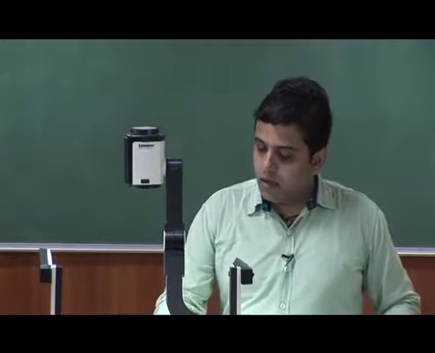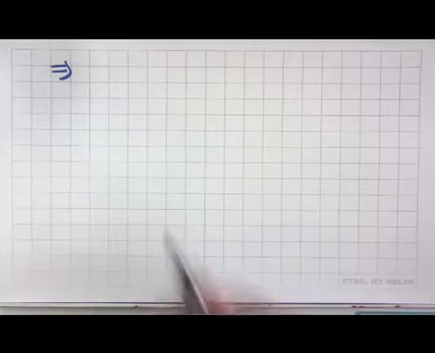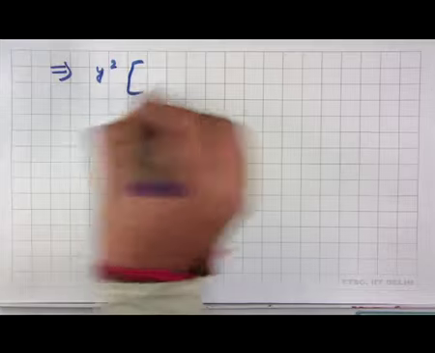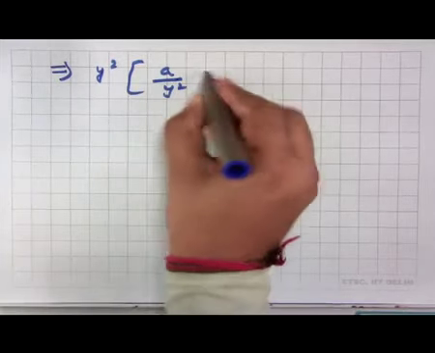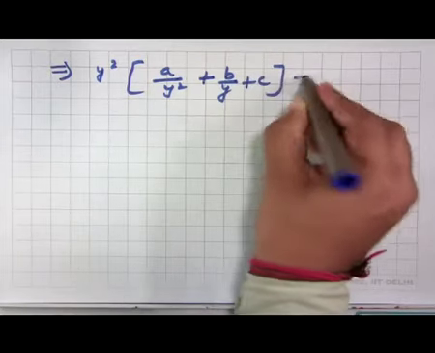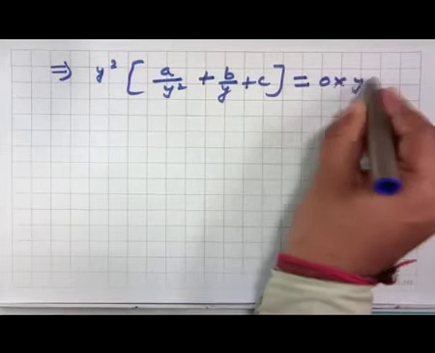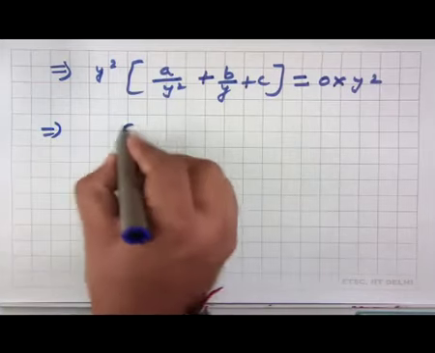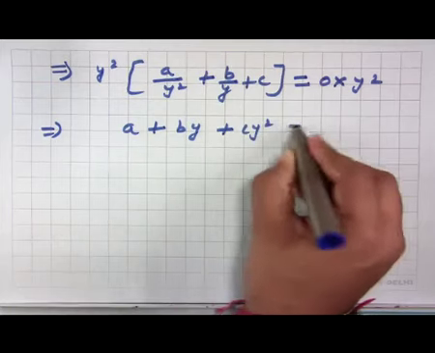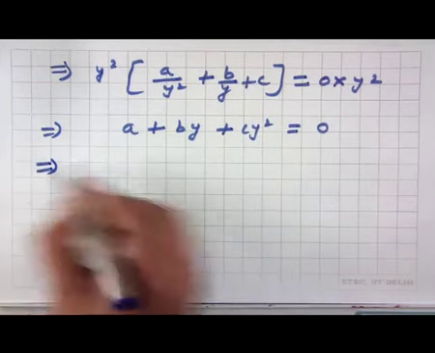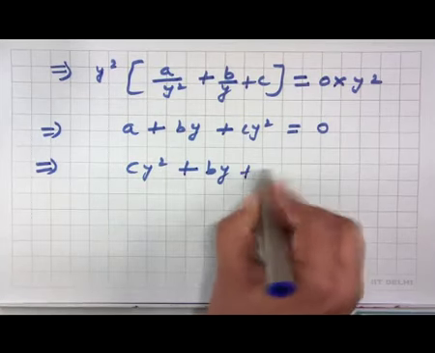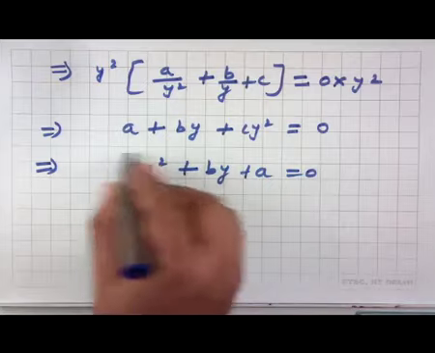Multiplying by y square on both sides, it will be a plus by plus cy square equal 0. Now, the quadratic equation will be cy square plus by plus a equal 0.